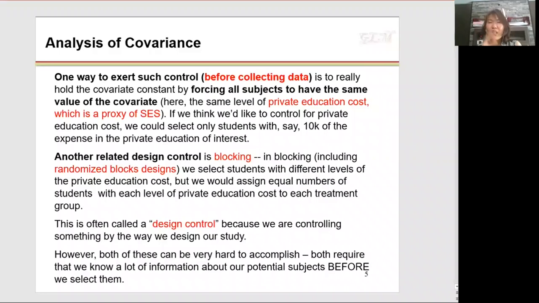Based on those multiple X variables, you control, and you will get the adjusted mean difference among the subgroups, controlling for all other X variables. So this is statistical control. But if you have design control in your ANCOVA model, it can be better. But again, design control is much more expensive than statistical control because it is planned before you even start to collect the data.